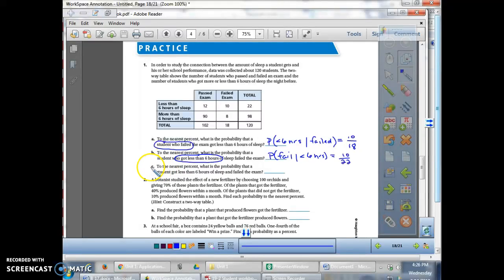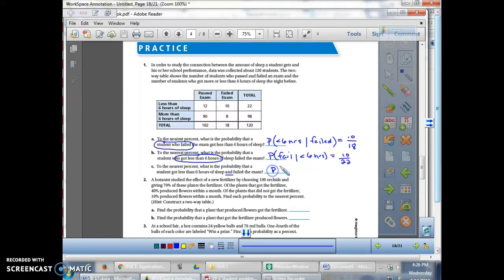The last part for number one is, what is the probability that a student got less than 6 hours of sleep and failed the exam? So this is your key word that you're looking for, the joint cell count here out of the table total. So it's going to be these 10 that failed and got less than 6 hours of sleep. So it's 10 out of 120. So let me write this out for you.